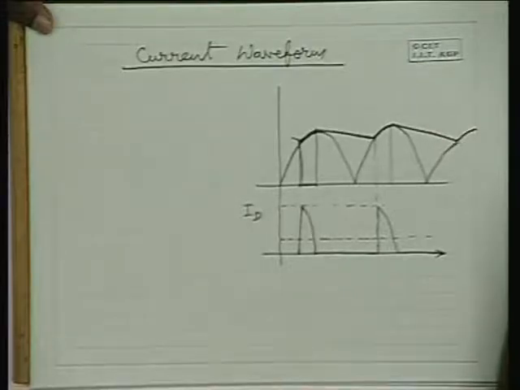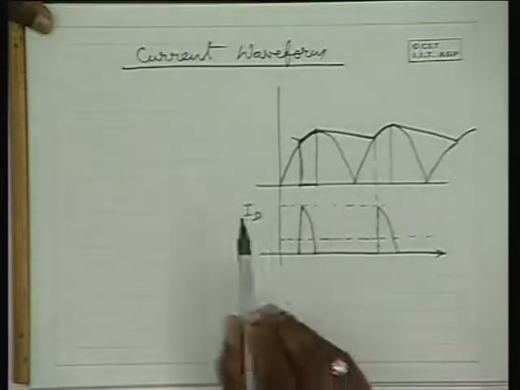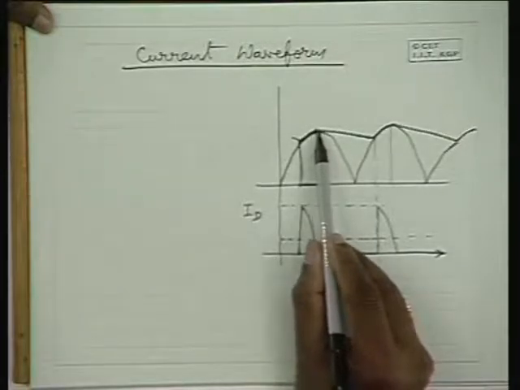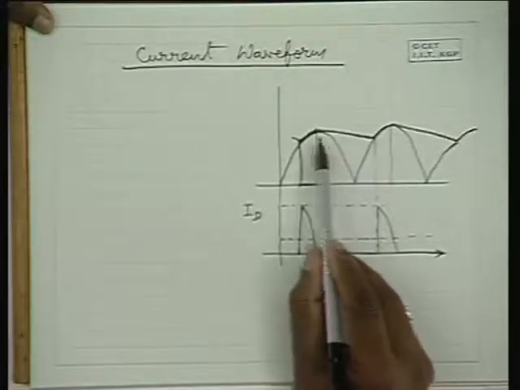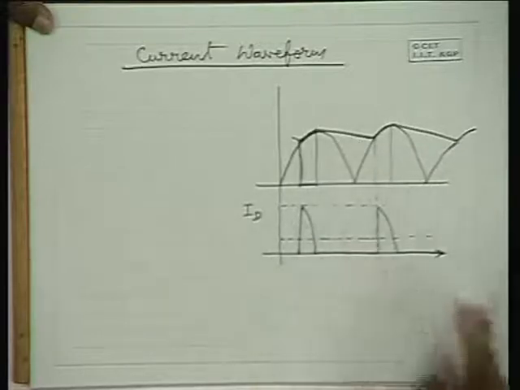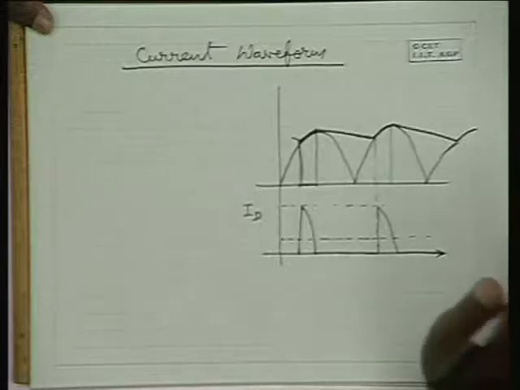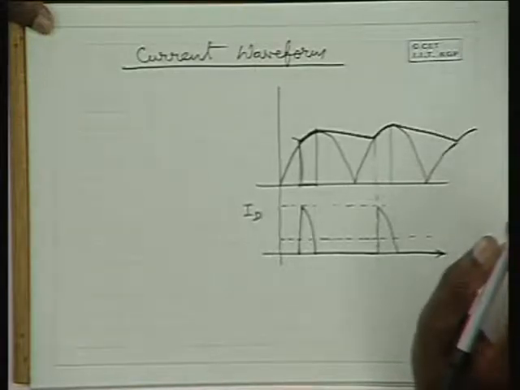Now, how do you determine this current? It falls outside your course, but let me give you an idea about how much it would be. Please note that during the discharging period, the charge lost by the capacitor is of the order of IDC into T by 2.